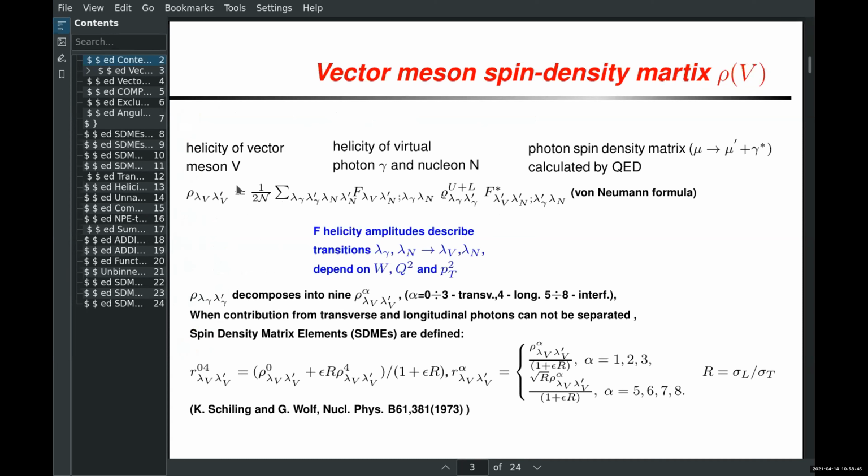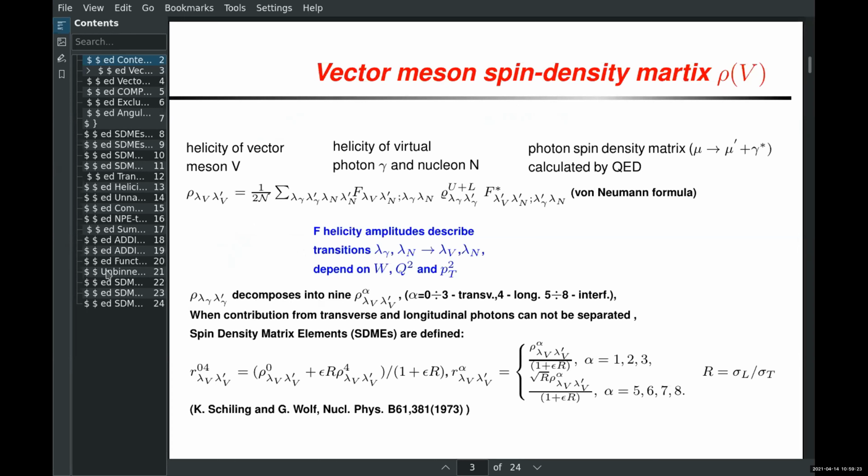So this is the definition of the spin density matrix element. We used the very well-known Schilling-Wolf representation. In order to do this, the photon spin density matrix is calculated, and also using the von Neumann formula, we put in the amplitude which describes the transition from the initial to the final state, which depends on W, Q square, and PT.